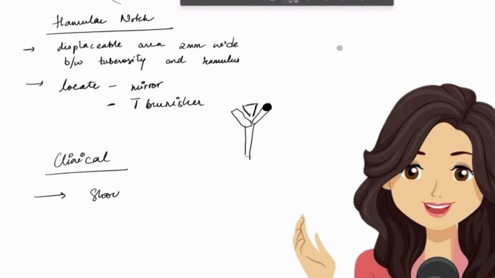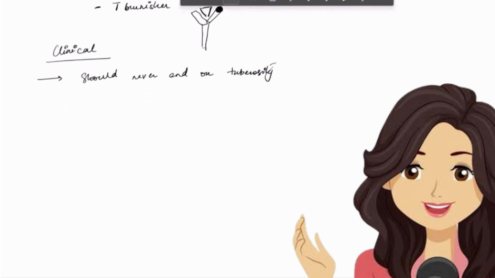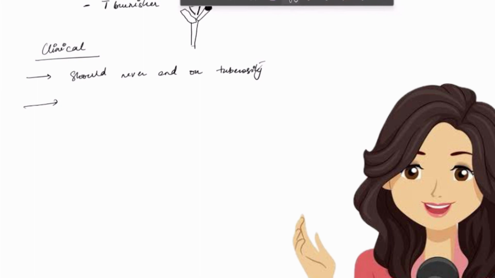Now, what are the clinically significant points? What should or should the denture not do? It should never end on the tuberosity. It should always end in your hamular notch region. It should never go beyond the hamular notch.